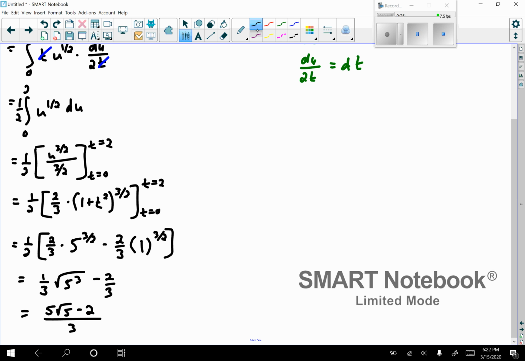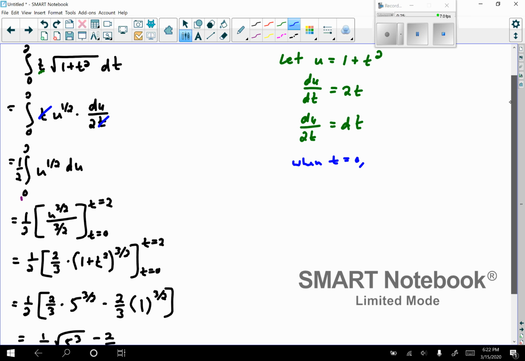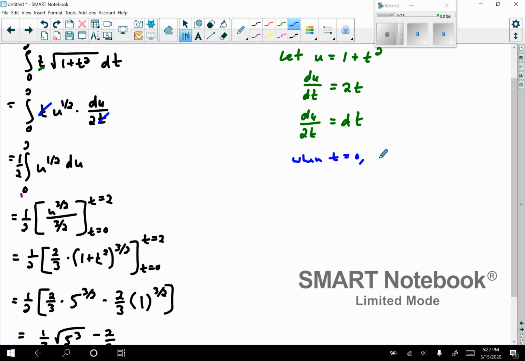Now, if we tried it a different way, we're replacing this part right here, so the 2 and the 0 are going to change here. So we're going to take a look at when t equals 0, u is 1 plus t squared, so u is going to equal 1, and when t is equal to 2, u equals 5.